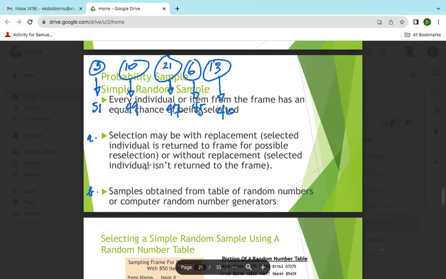But what happens when they pick number 2? They don't put it back into the wheel of balls. No, they put it aside. Okay, and then they would spin again. They would spin again, and this time around, maybe number 18 will appear. All right, they would show it to the audience. They don't put 18 back into the population. They exclude it from the population.